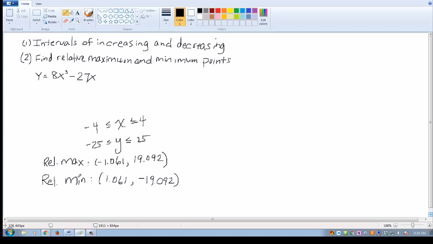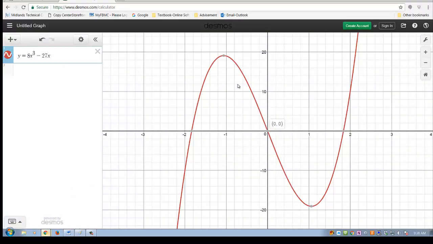This is one of those that is symmetric to the origin, so that's why the negatives and positives are switching like this. If I go back to the graph, you see that here at this max, you get that, and here at the min, you get that.